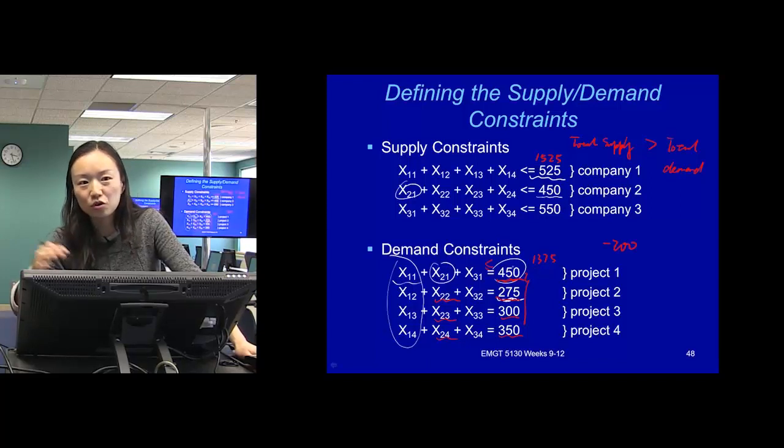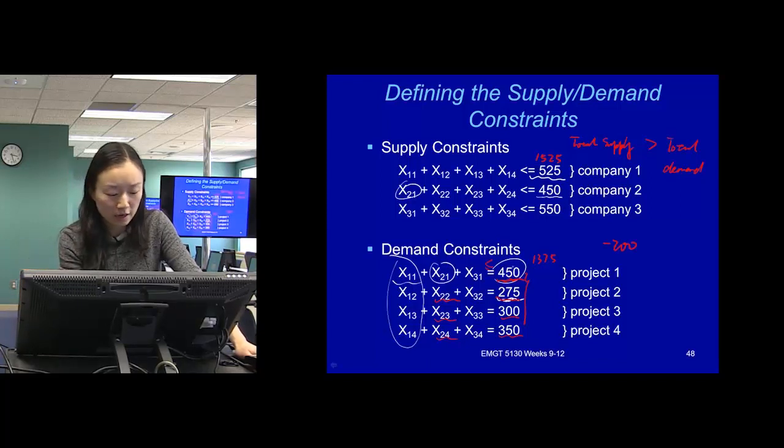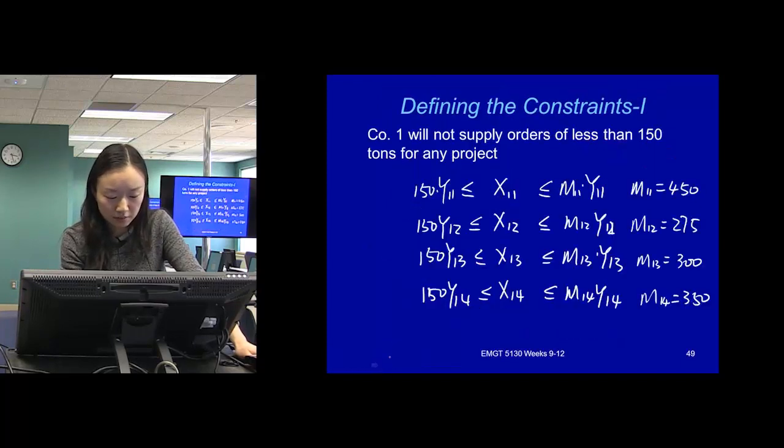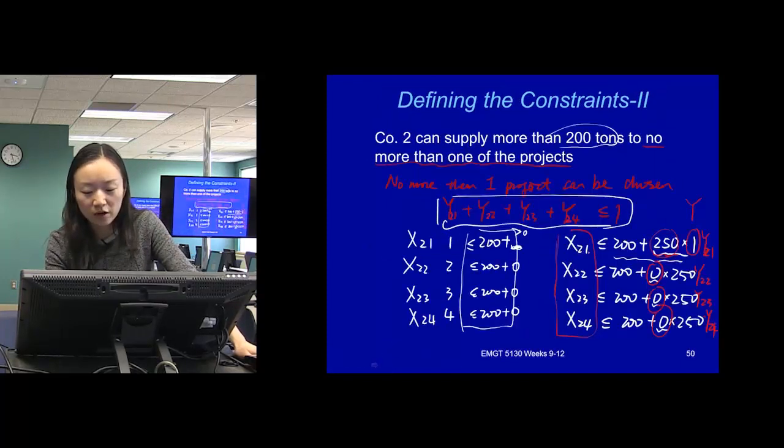You don't want to restrict. Say, for example, x21 gets chosen. If we set this to be 275, which is given by x22, minus the 200, then we are limiting x21.